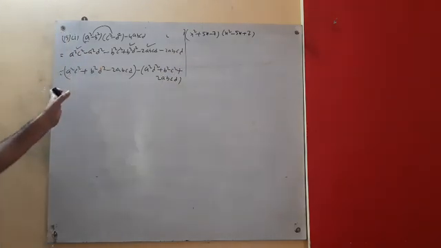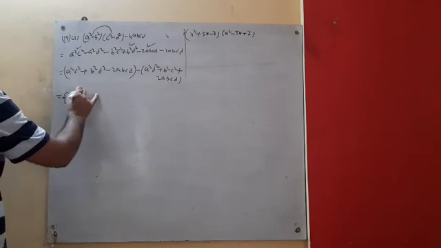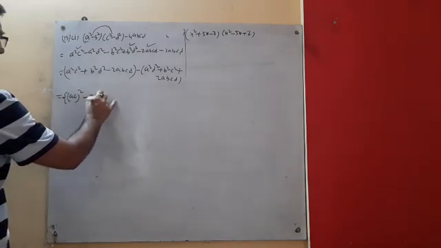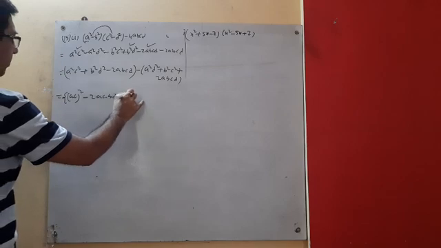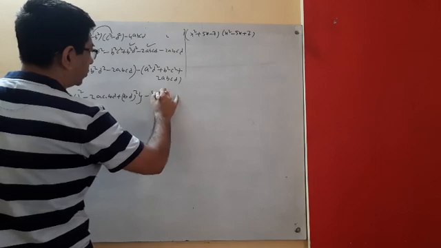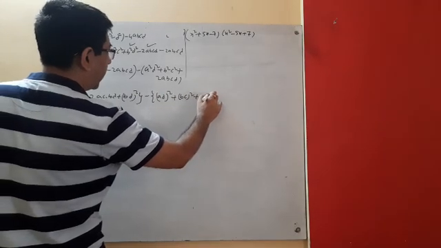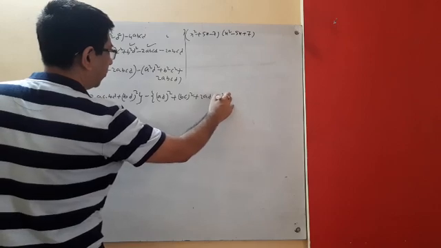Why we are doing this? Look, we are getting two forms. This is ac whole square minus 2ac into bd plus bd whole square, right? This is of the form ad whole square plus bc whole square plus 2ad into bc, right?